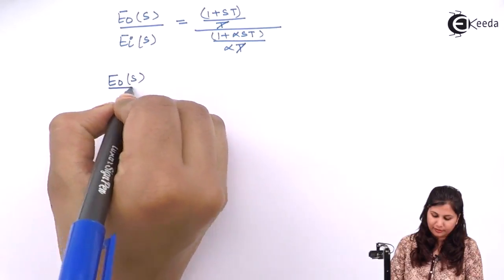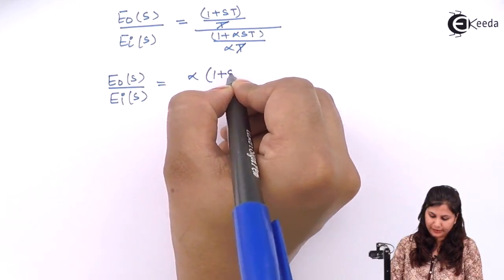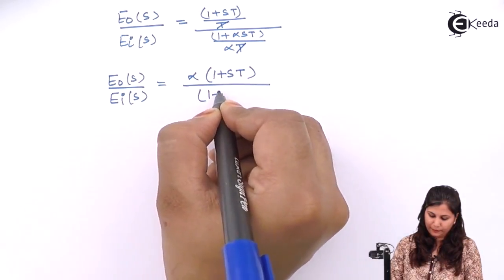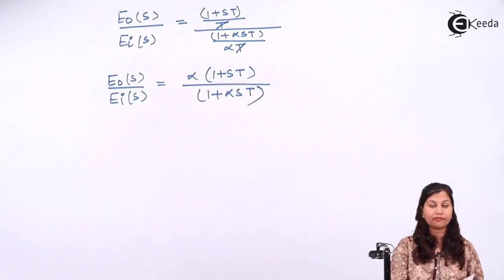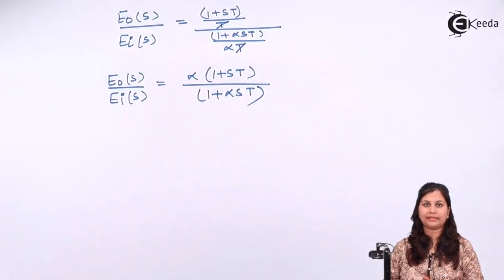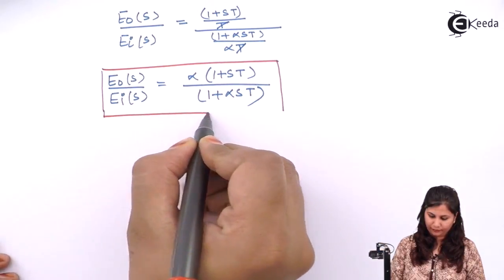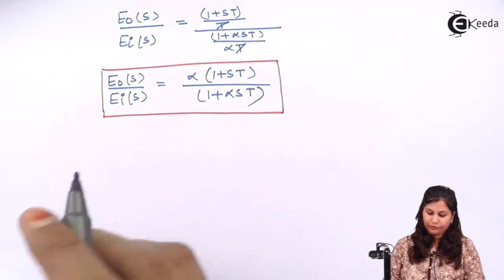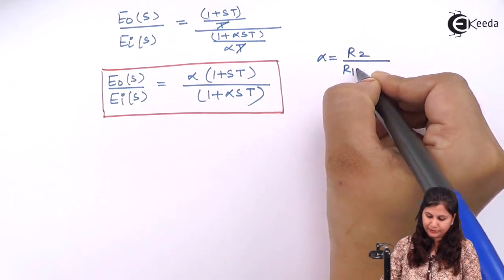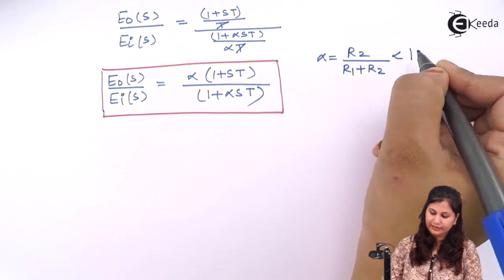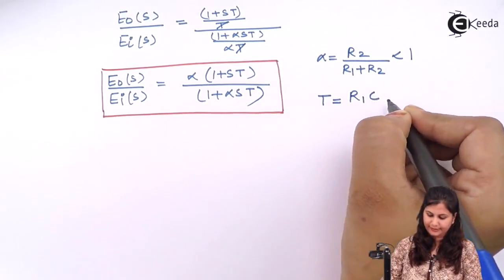Our resultant transfer function is alpha times (1 plus ST) upon (1 plus alpha ST). This is the transfer function of the phase lead compensating network. Here alpha is the ratio R2 upon R1 plus R2, and it should be less than 1, and T equals R1C.